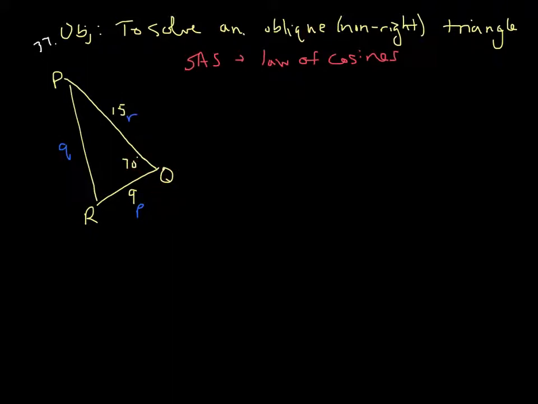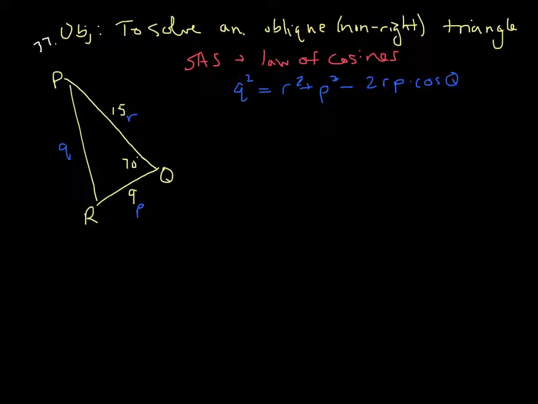So if you take your law of cosines formula, instead of using a squared, b squared, or c squared, I'm going to use q squared equal to, then I'm going to have my other two, r squared plus p squared, minus 2 times r times p times cosine of q.